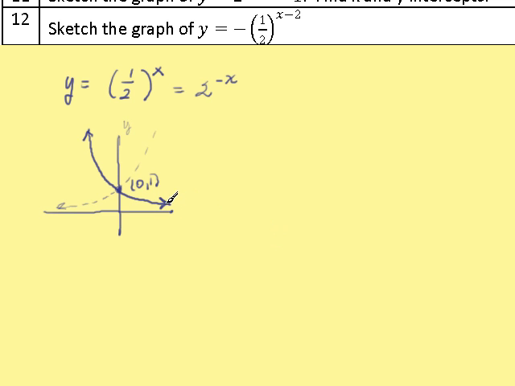All right, let's use this as our starting point. And now let's move to the right 2 to graph y equal 1/2 to the x minus 2.